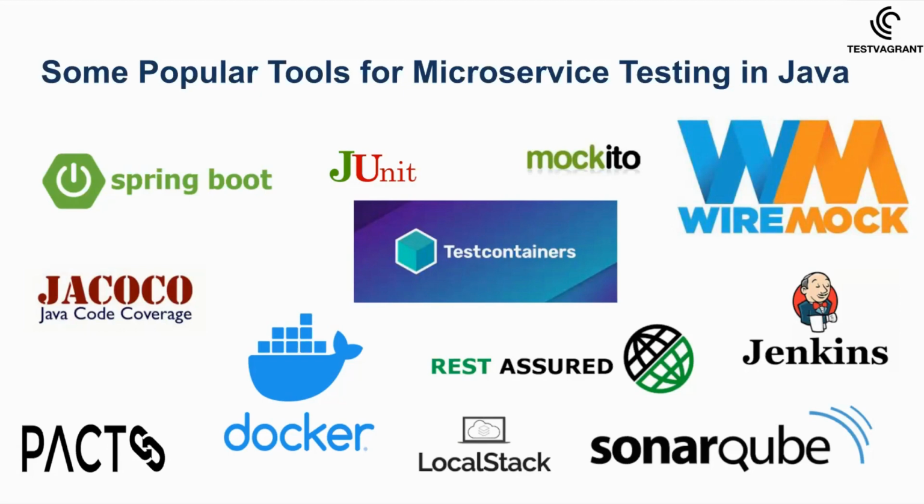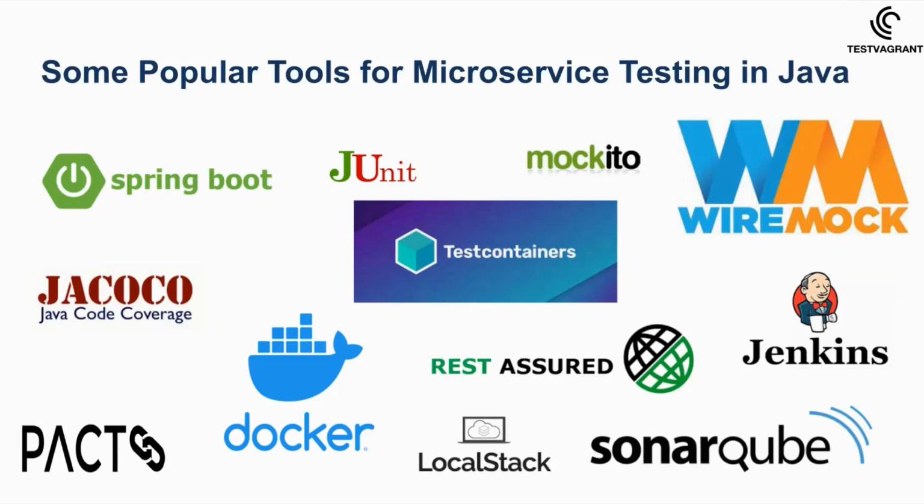LocalStack, this is an interesting piece. LocalStack is a local cloud which is available to you for faster development and testing. You have some cloud components like, for example, S3 buckets on AWS, SQS on AWS, or DynamoDB, which are real cloud instances that you need to integrate with.